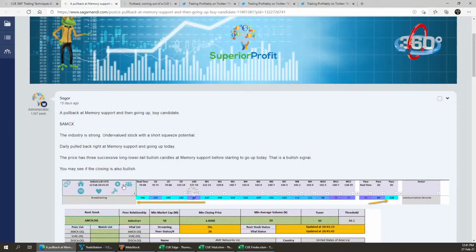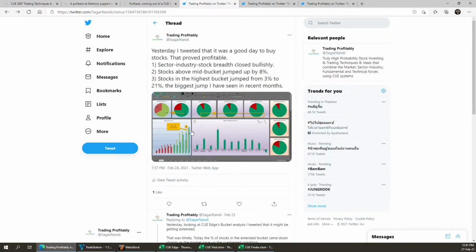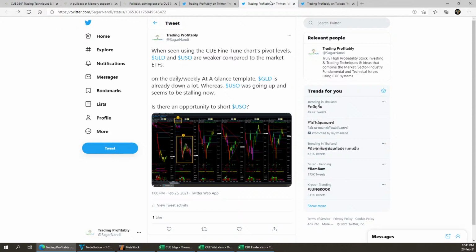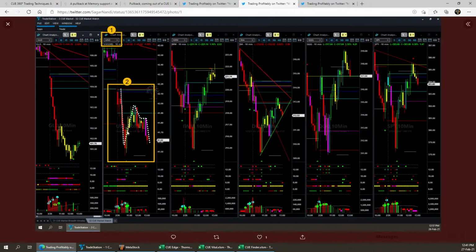One is how to use the buckets and the real-time move relative to previous day, sudden sharp move, to see if it is getting exhausted or not. One is how to use the fine-tune chart to decide which one to short the weakest one, which one to buy the strongest one.